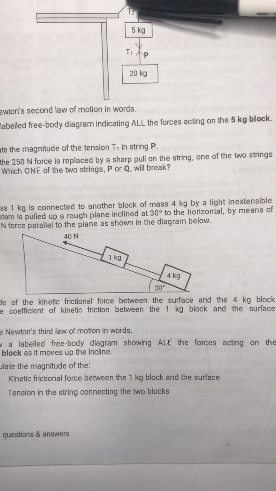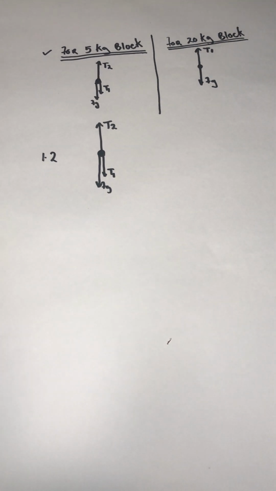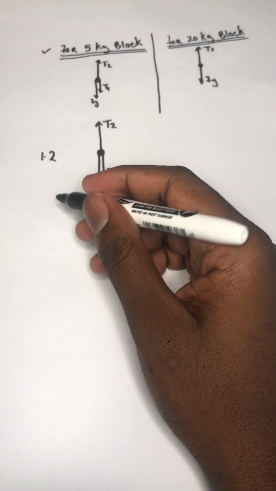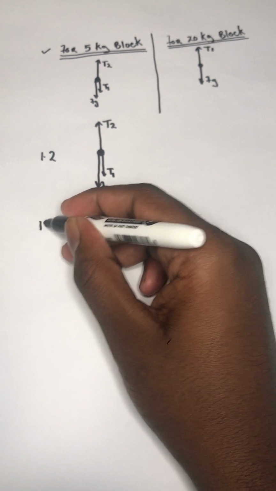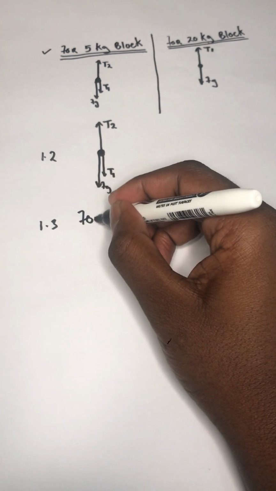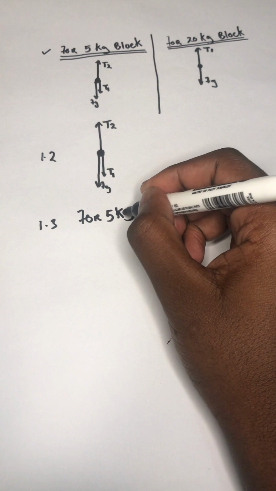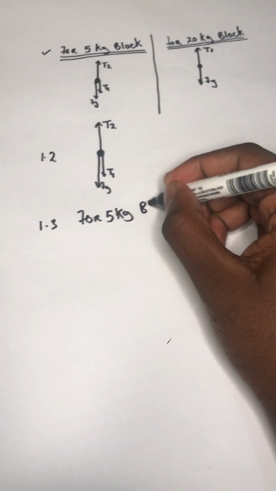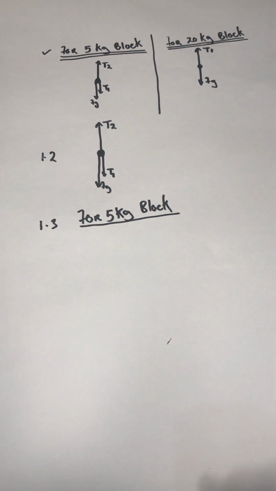So let's start with the 5 kg block. For 6 marks, we're going to use the two blocks.